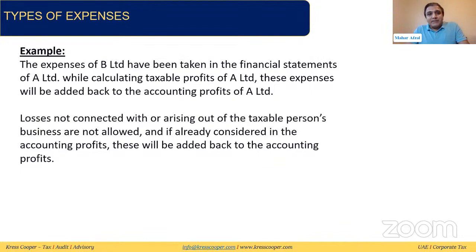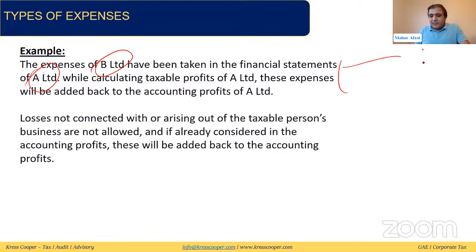Examples. The expenses of B Limited have been taken in the financial statements of A Limited. There are two companies, one is B Limited, one is A Limited. While calculating taxable profits of A Limited, these expenses will be added back to the profits of A Limited.